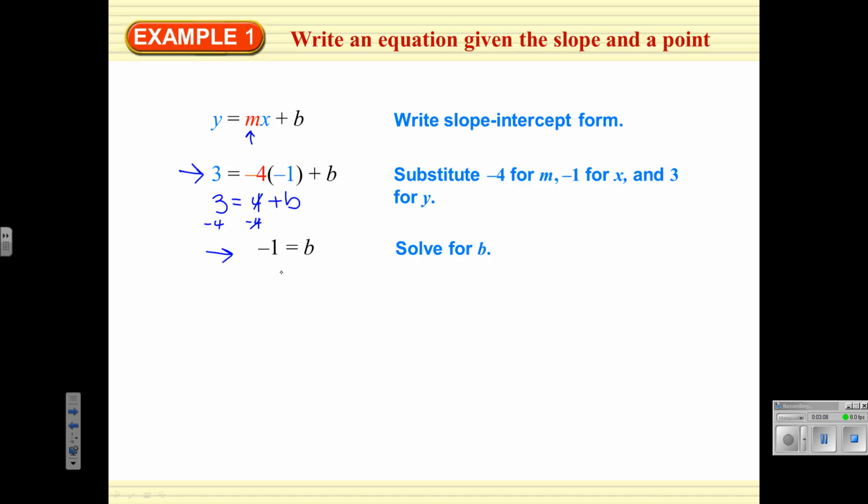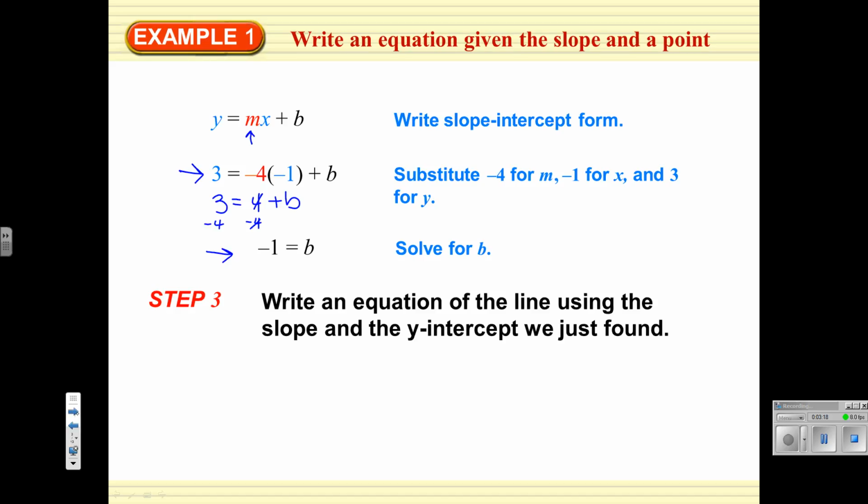All right, so now we know our y-intercept is b. Now we know our y-intercept is -1. Our b is -1. So now we know our slope and we know the y-intercept. We know the m is -4 and we know the b is -1. So now we can just plug that into our slope-intercept form.